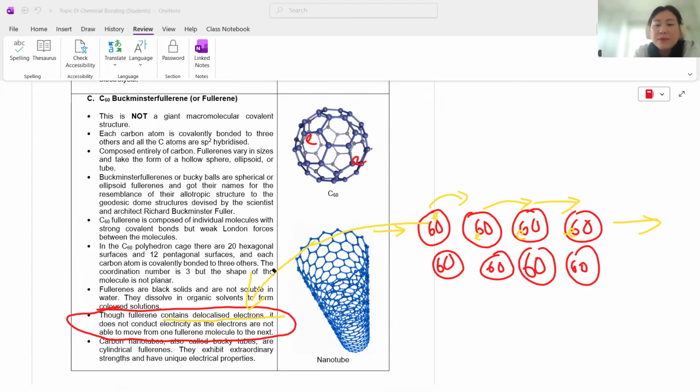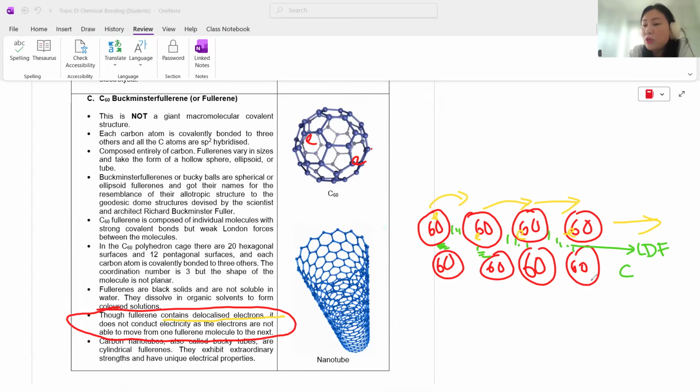Okay, and the next thing about C60 is that if we go back to this structure, yes, this is its picture of C60, and therefore between these balls of molecules, there are intermolecular forces. So all these are the intermolecular forces, and they are again very weak London dispersion force. Okay, because carbon atoms are non-polar.